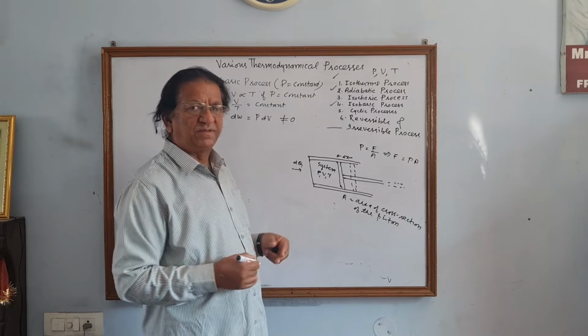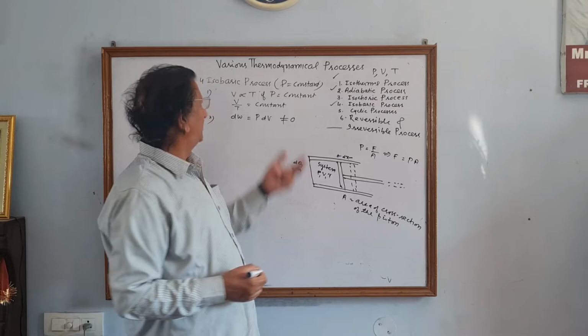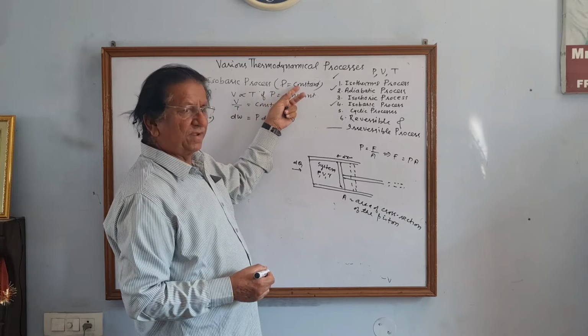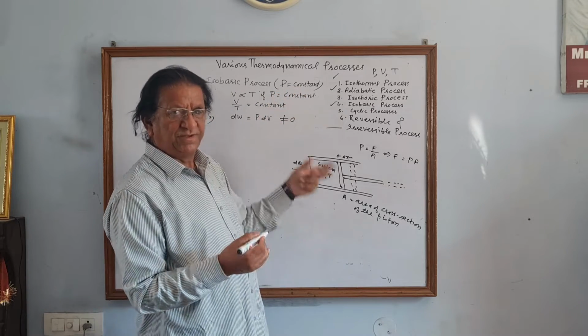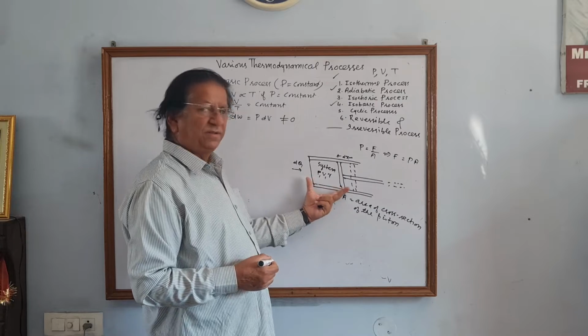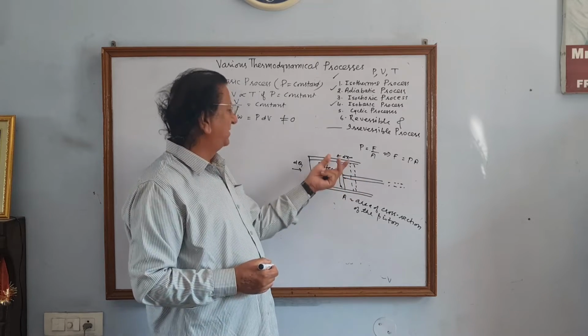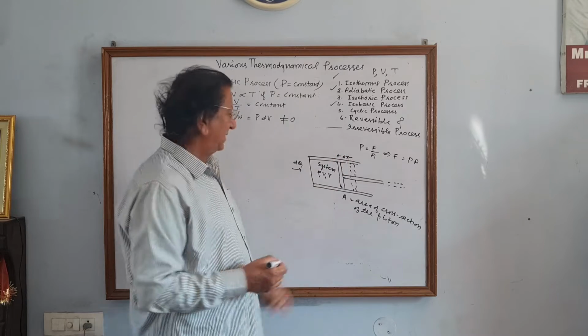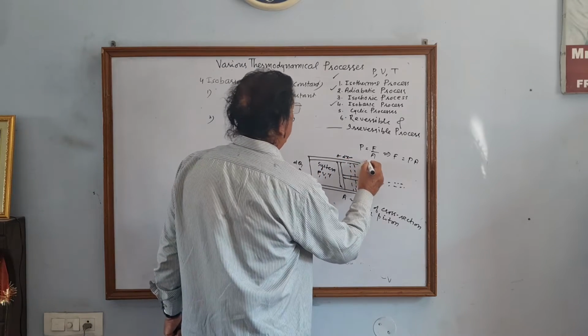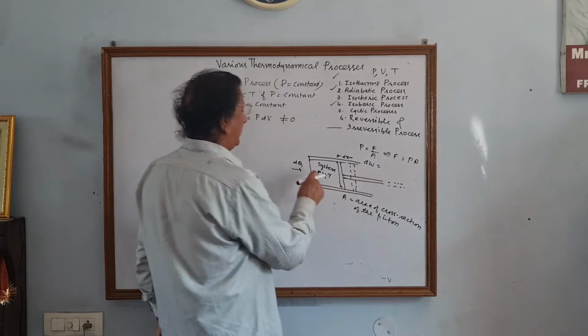Whenever you add heat to the system, there may be expansion. Here expansion is allowed, only pressure is kept constant, volume may change. There will be an increase in volume, so this piston will go out through a certain distance. The work done is by the system.